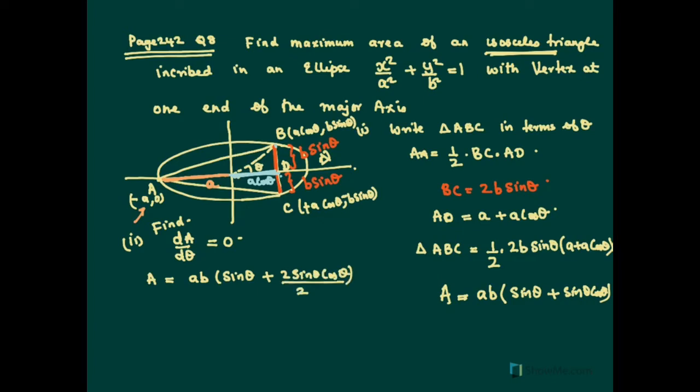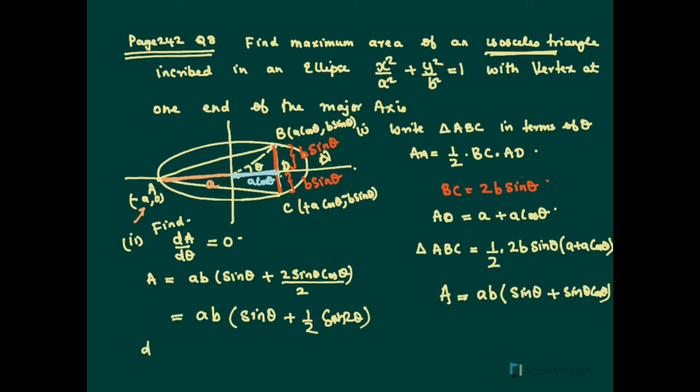Now why did we multiply up and down with 2? So that we get sin 2 theta. So you get ab into bracket sin theta plus half into sin 2 theta.